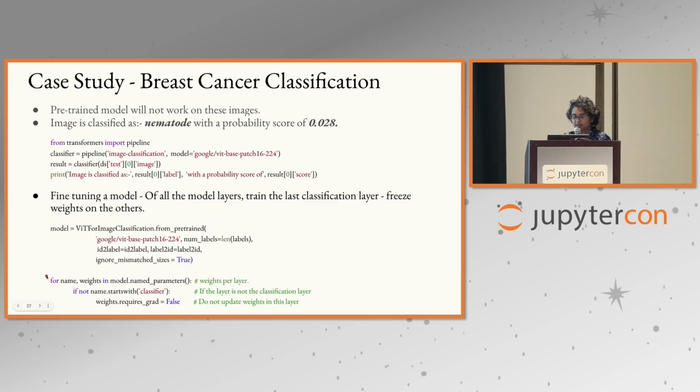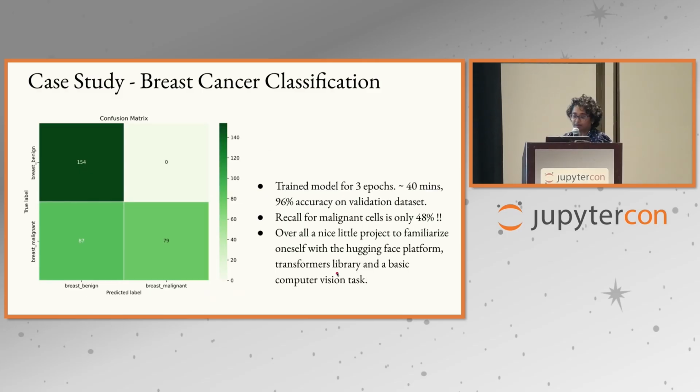It's easy to familiarize yourself with the transformers library and use it. So again, in 3 lines of code, I have instructed the code that, okay, freeze all the layers, only train the classification layer. And then you run the training.